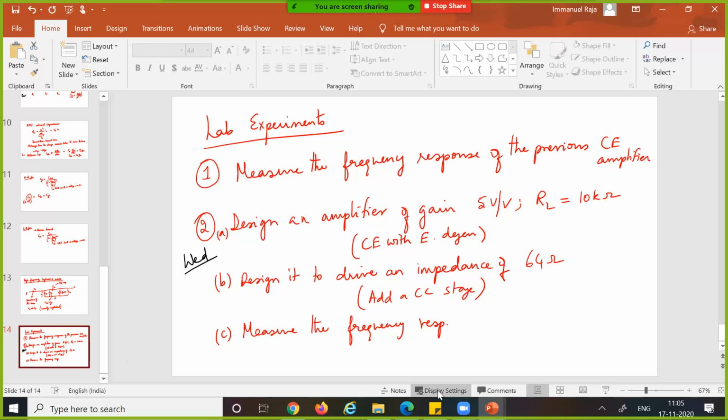Okay, fine. So what happened to the CC stage? We needed a gain of 5 volt per volt, but actually we got near to 3 max. Okay, yeah. So basically the CC stage will give you some attenuation, right? The gain is less than 1, so probably you had a little lesser gain. So what was the load impedance that you used? Was it 57 ohm or 100 ohm? We took 10K or... No, I mean for the CC stage.